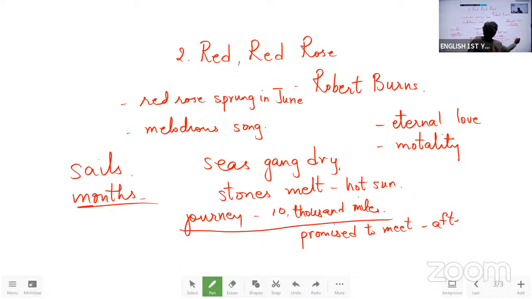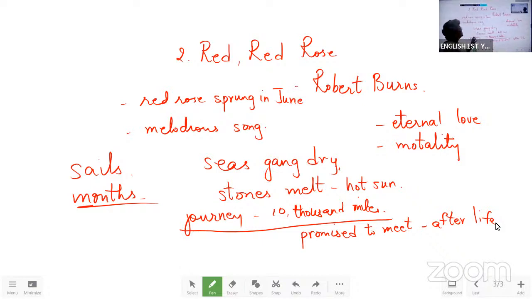There are two ways of taking this, his return. It could mean that he was going to die and would meet her after life. He would still love her again and again. Or it could mean that he was going far away and expects her to wait until he returns.